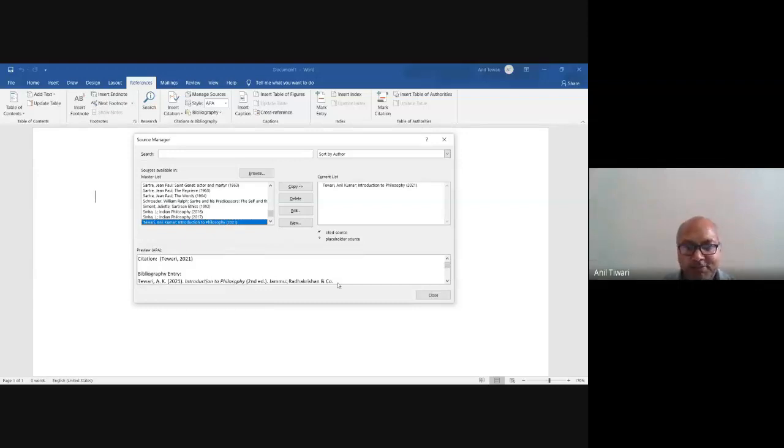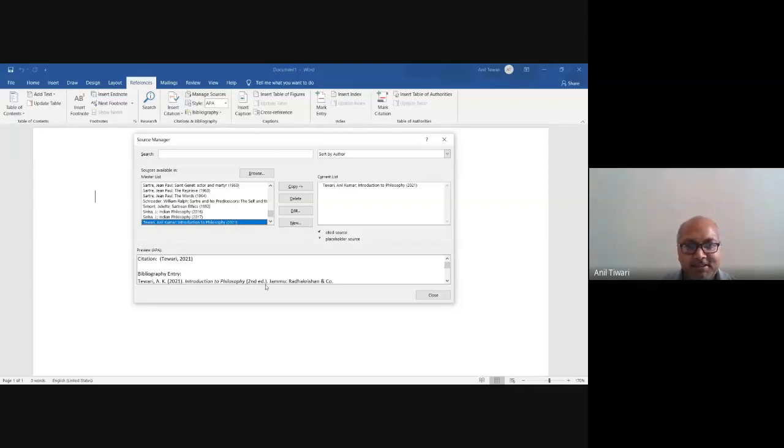your bibliography. So look at here, Tiwari, comma, A.K., year of publication, then dot, then Introduction to Philosophy. That is the title of the book. So it is in italics. And I entered second edition.